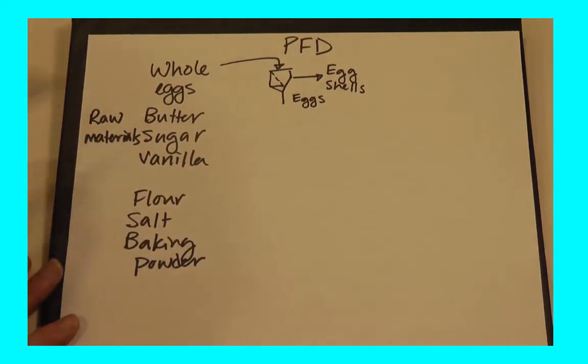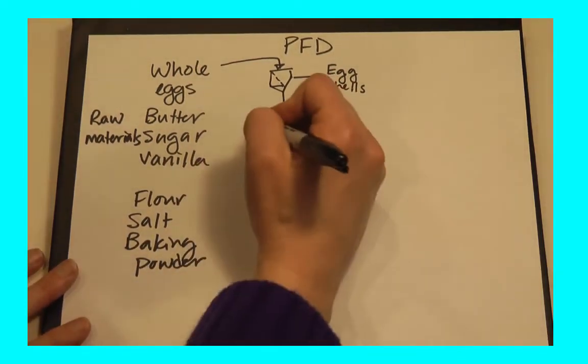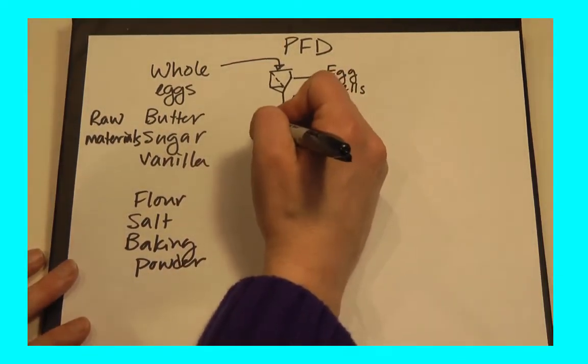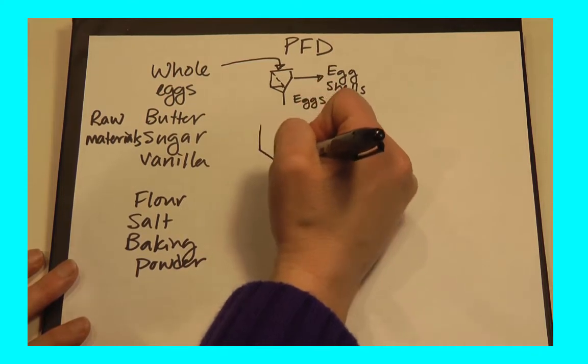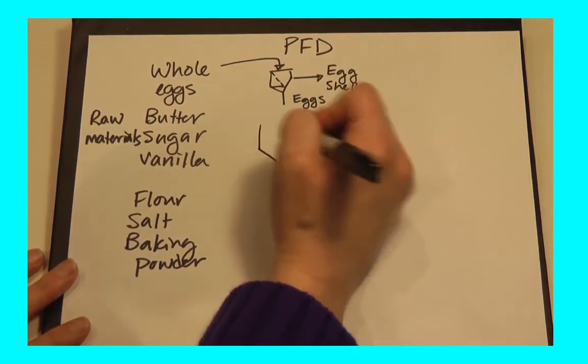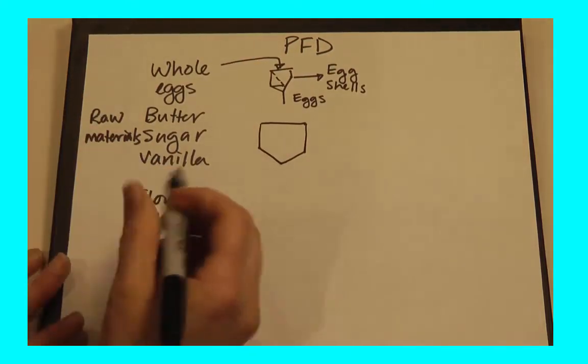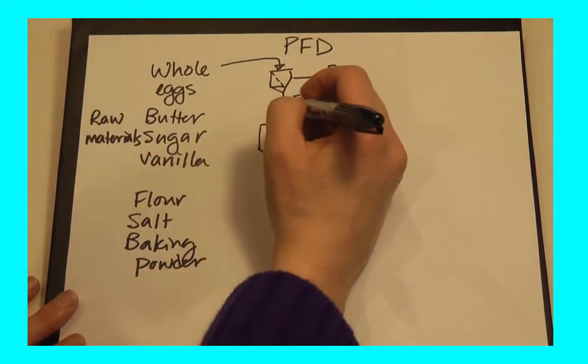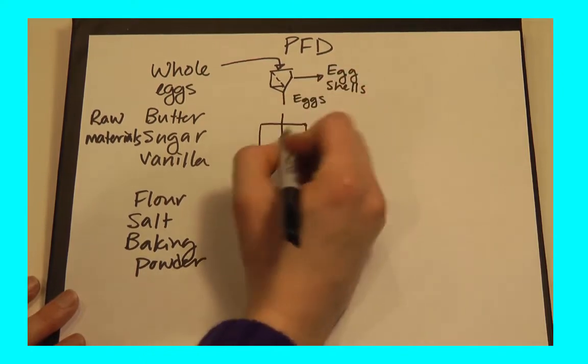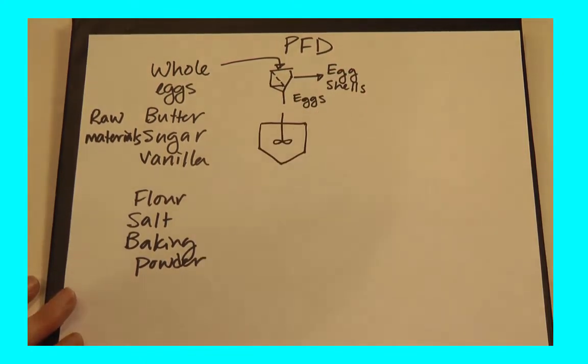When we make cookies, we usually mix together butter, sugar, and vanilla. We mix the wet ingredients together and we mix the dry ingredients together, and then we put it all together to make the final cookie dough. So I'm going to show that butter, sugar, and vanilla are going to go into this mixer.